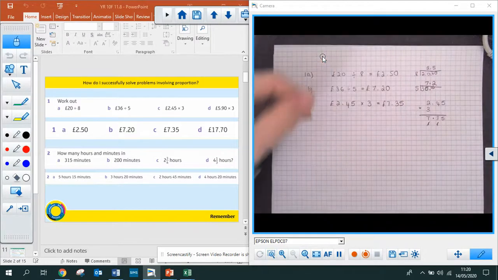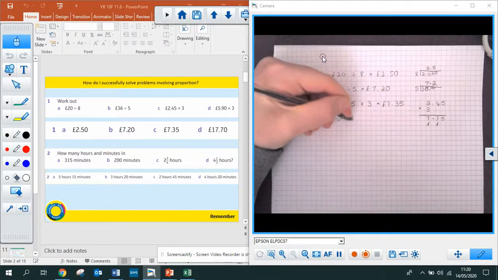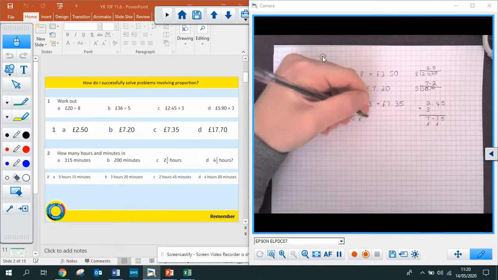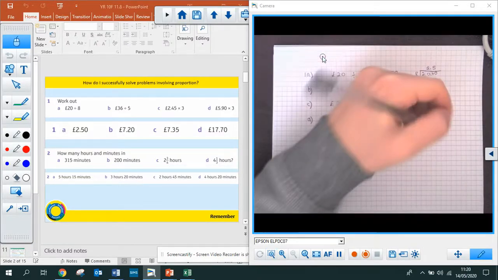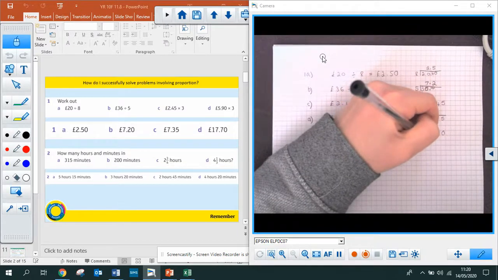And then D, we've got £17.70 as your answer, but we've got £5.90 multiplied by 3. So again, I'm going to do my workings over here. 5.90 multiplied by 3.